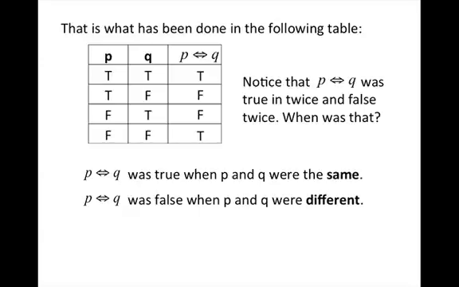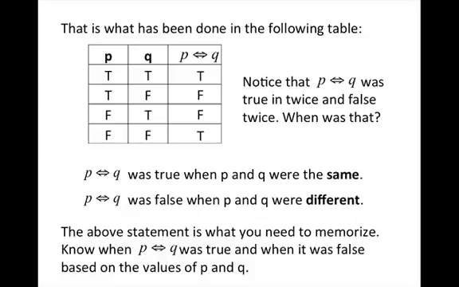Rather than relying on the formal definition and having to find each implication, let's just compare the P and the Q. So you want to know when the biconditional P if and only if Q was true and when it was false based on the values of P and Q. And as we said, if P and Q have the same truth value, then the biconditional is true. If P and Q have opposite truth values, the biconditional is false.